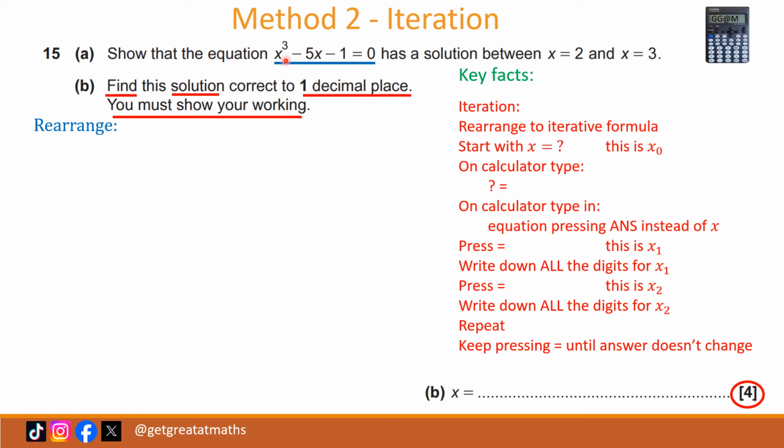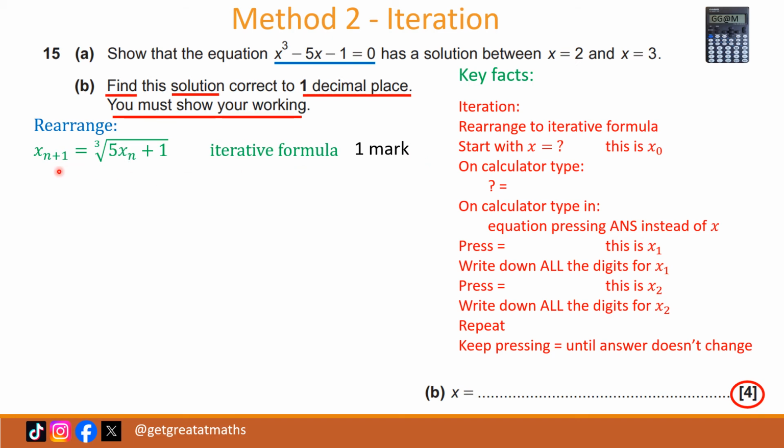And to get rid of the cubed, I'm going to do the cube root. So my x value is 5 times x plus 1 and the cube root of the whole lot of it. Now to write this as an iterative formula, we write the first x as x n plus 1 and the second x as xn. This makes it an iterative formula and you will get 1 mark for that in the exam.